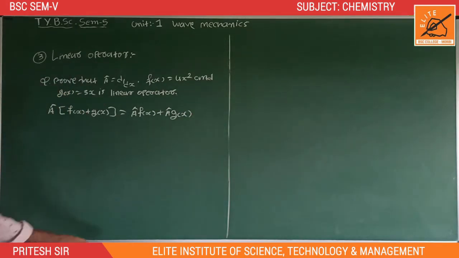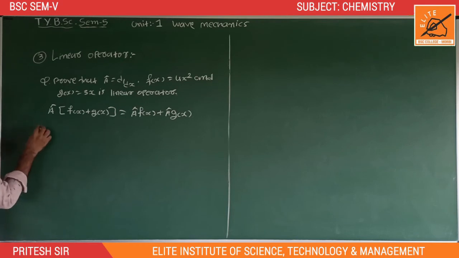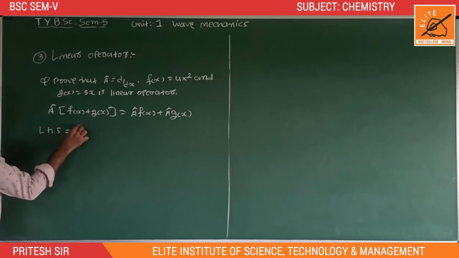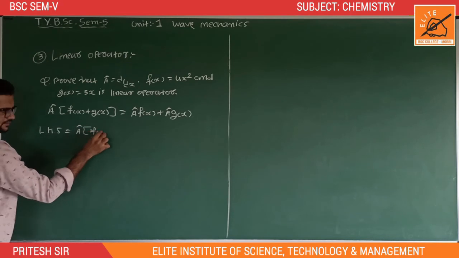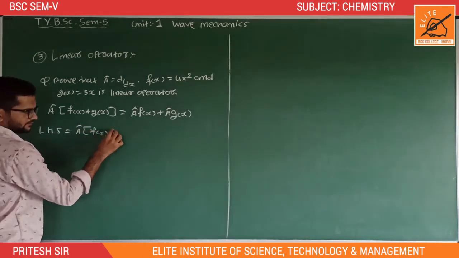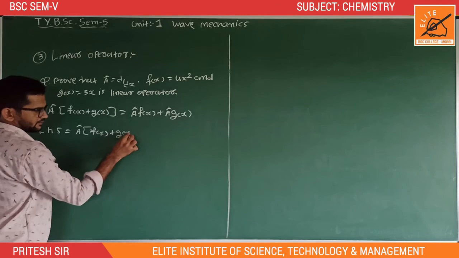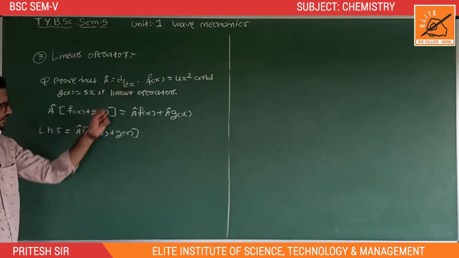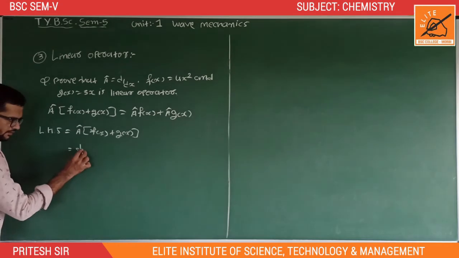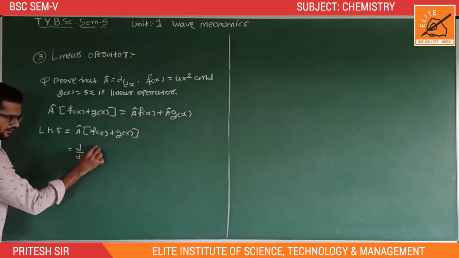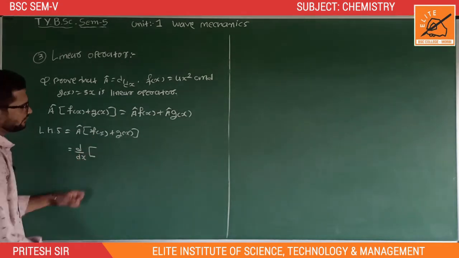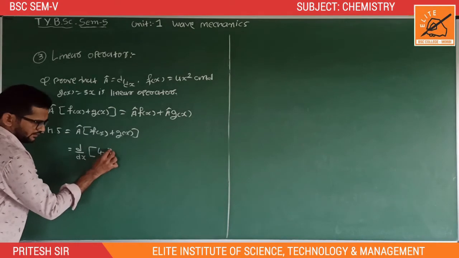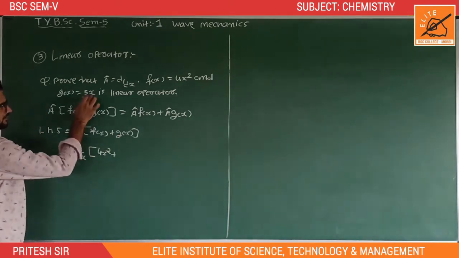So first take the left hand side. LHS is equal to A cap into bracket f(x) plus g(x). Now put the value of A cap equal to d by dx, with f(x) equal to 4x square plus g(x) equal to 3x.